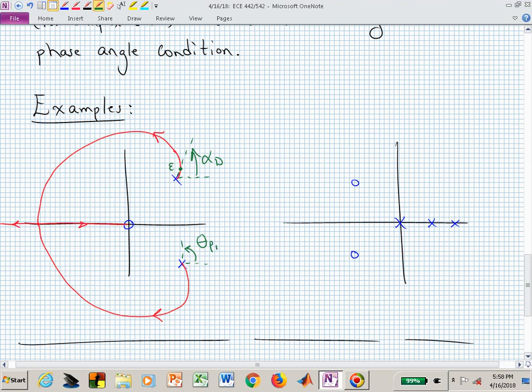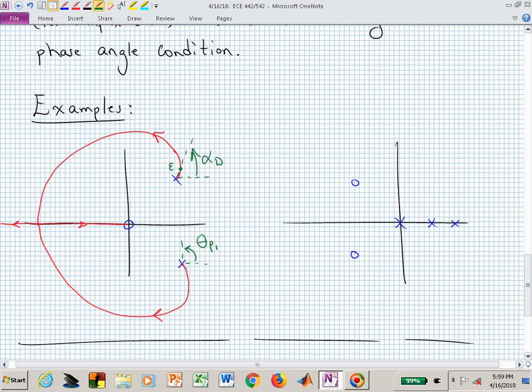What's theta sub p sub 1 in my phase angle calculation? It's a very difficult computation. Isn't it a right angle? Isn't it 90 degrees? Theta sub p sub 1 is right below, because epsilon is tiny.